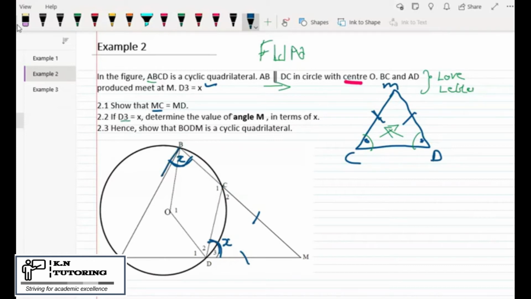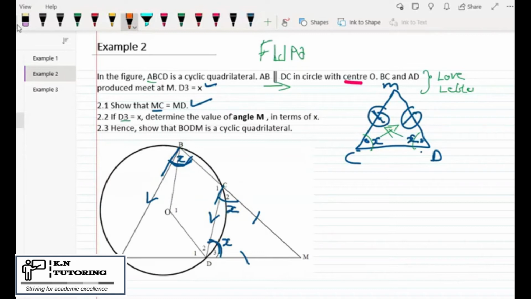Then I remembered my F of alternating angles. Remember, I've got parallel lines. So this angle will be equal to that angle. Therefore, C2 is equal to x. So I've managed to find that this is x, and I was given that this is x. If C2 and D3 are equal to x, it means indeed this line is equal to that line. Therefore, MC is equal to MD. Very nice question. Let's move.